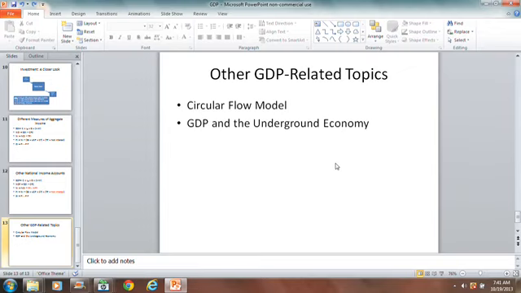Now, there's a lot of economic activity. Some economists estimate as much as 8% of economic activity occurs in what we call the underground, meaning it's not occurring where we can track the level of economic activity precisely.